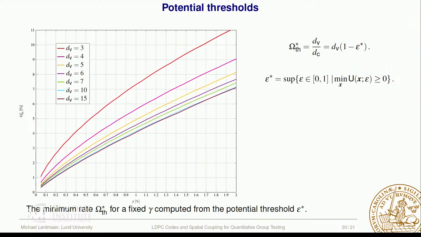And if we do so, then we can get this graph here. Now, this is our fraction of defective items. This is the rate, and then we get these curves for the potential threshold. We see they get better and better. They get smaller if we increase variable node degree, but they tend to converge to something. And now it becomes interesting, because I would like to discuss with you guys what we guess that limit is. Maybe it's the limit that Olgica mentioned.